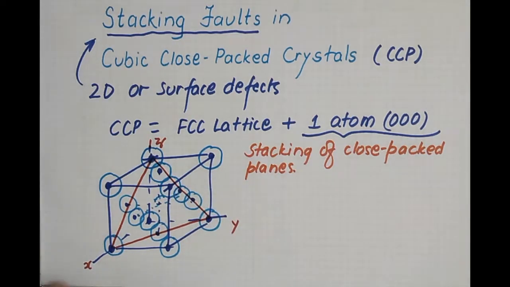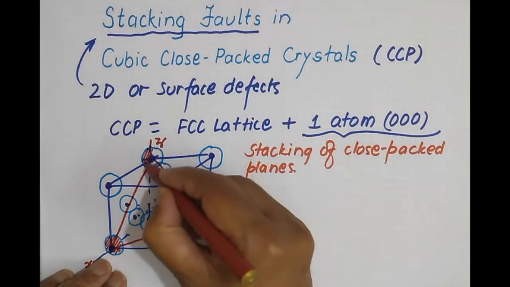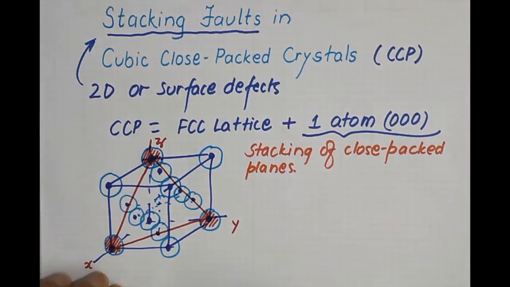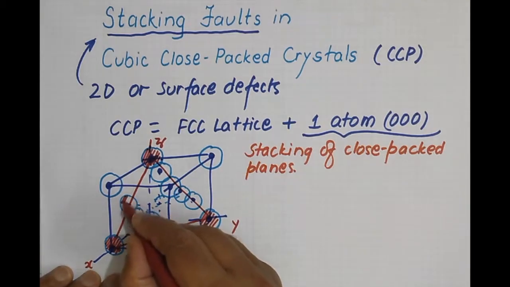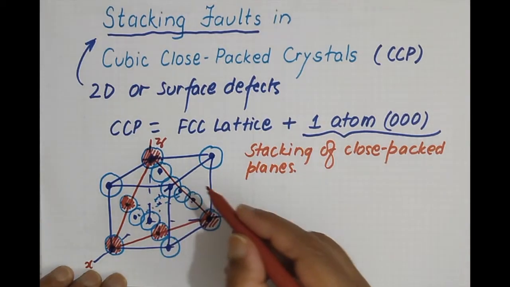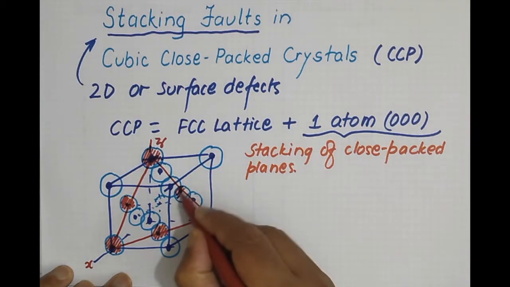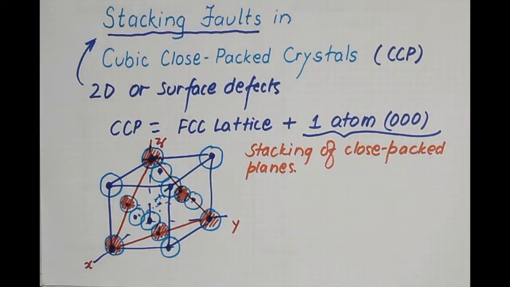And the atoms which are lying on this plane are these three corner atoms and these three face centering atoms. The left face center, the bottom face center, and the back face center.